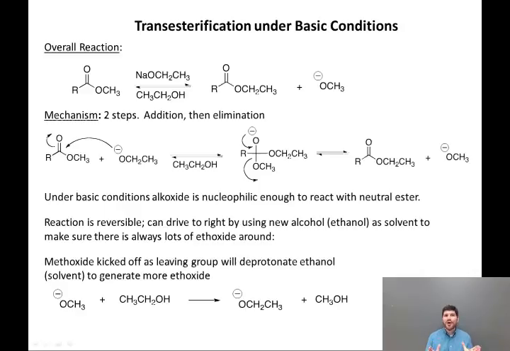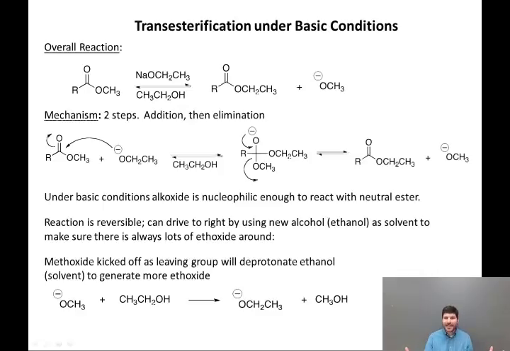You use ethanol as the solvent. You have lots and lots of ethanol in there, 100 times, 1,000 times, what have you, compared to reactants. So what's going to actually happen is most of the methoxide that you kick off as a leaving group is going to deprotonate an ethanol molecule just because there are so many ethanol molecules around since it's the solvent.